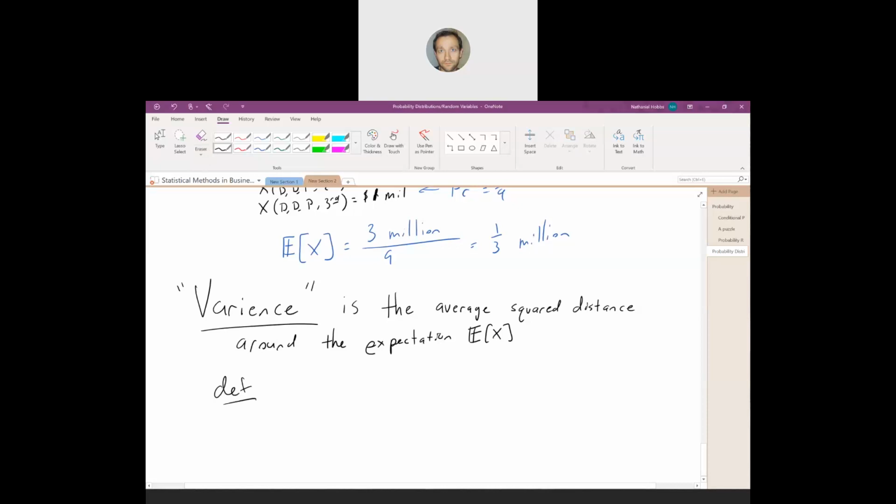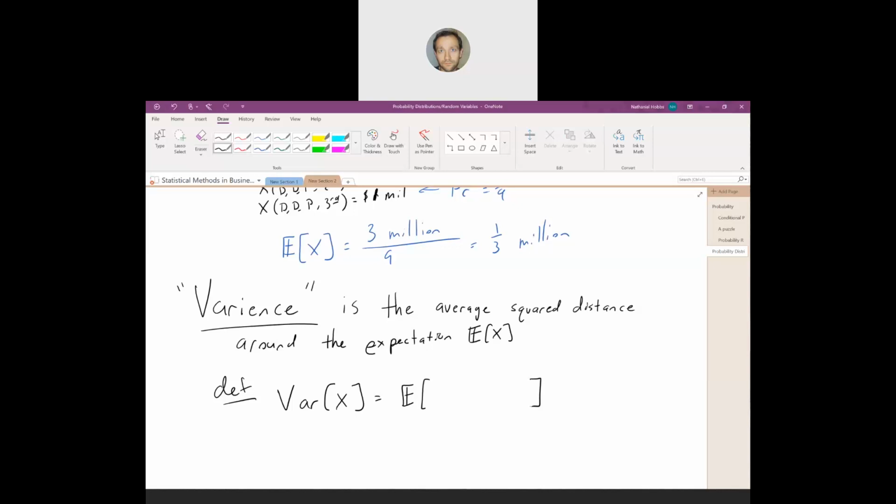Formally, the variance of x is, so when you see this E, think average. You can always replace in your head that this E means an average or the mean.